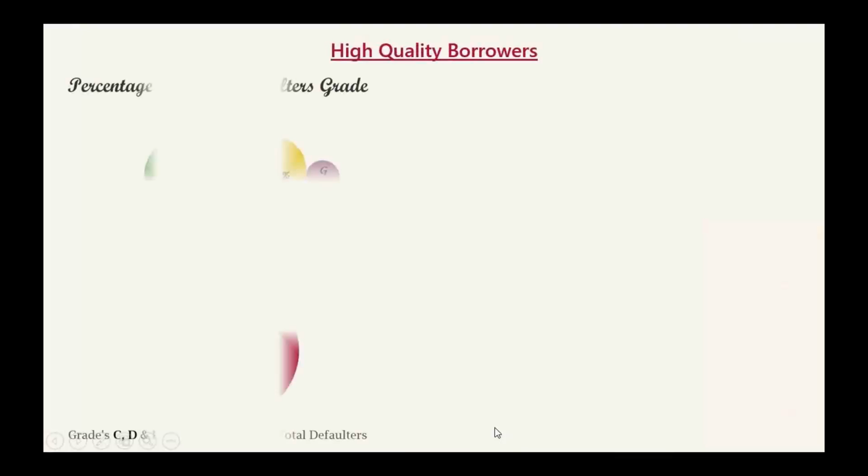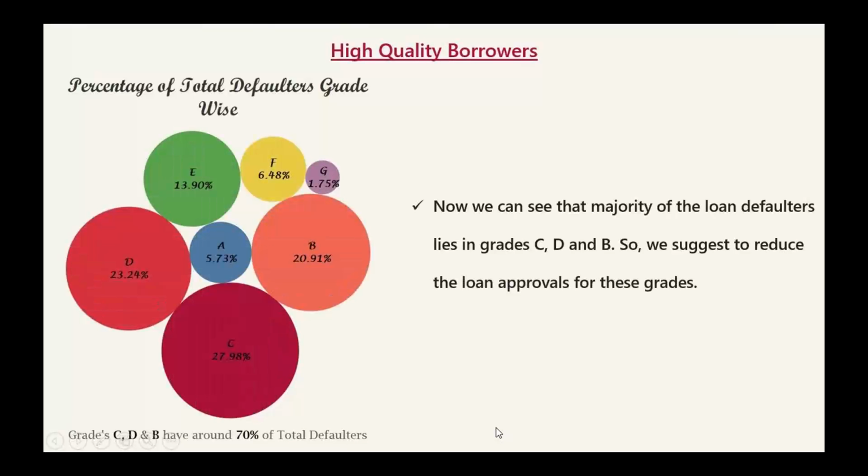At the end, we noticed that all the users were segregated in grades. So when we looked at the number of defaulters by grade, we found that the maximum number of defaulters lie in the C, D, and B grades. So we can suggest our client that they should focus and try to improve their models for these particular grades.